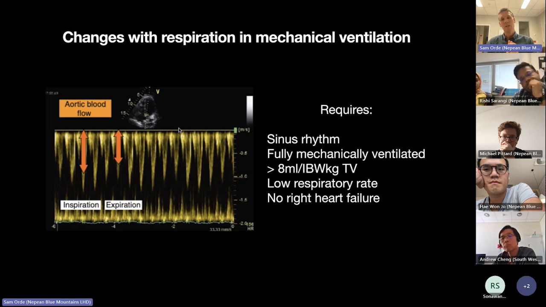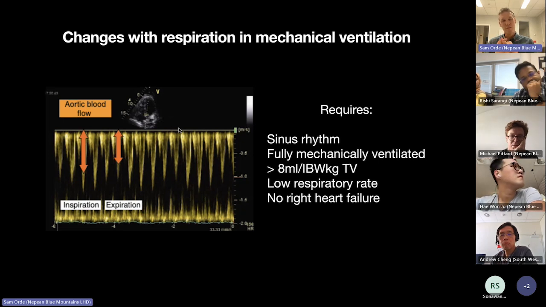Okay. So if you're going to make any kind of assessment for a patient who's being fully mechanically ventilated, that requires them to be in sinus rhythm. They can't be horribly tachycardic, and they can't be too bradycardic. You need them fully mechanically ventilated with a decent tidal volume.